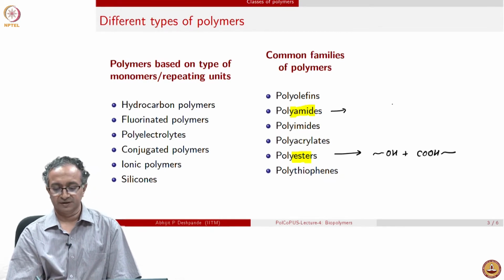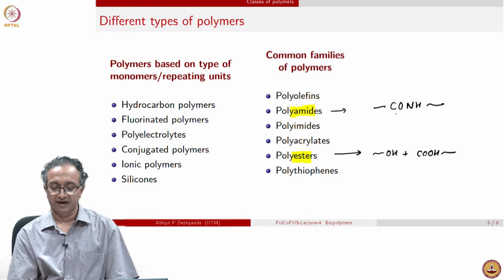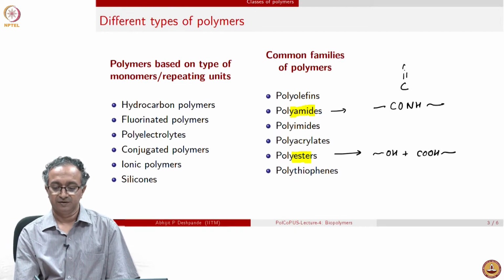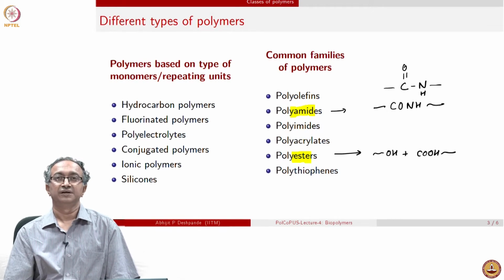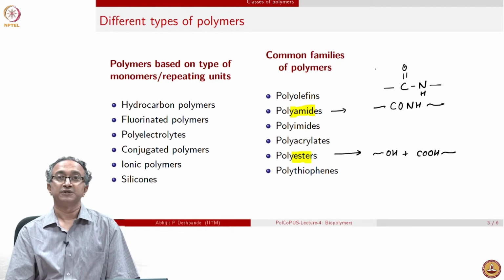And so here what you will see is a repeating unit like this. So this is called the amide linkage. What you will have is CONH. So there are monomers which are attached with an amine functionality, and there are monomers which have an acidic functionality, and when these two react, we get what's called an amide linkage.